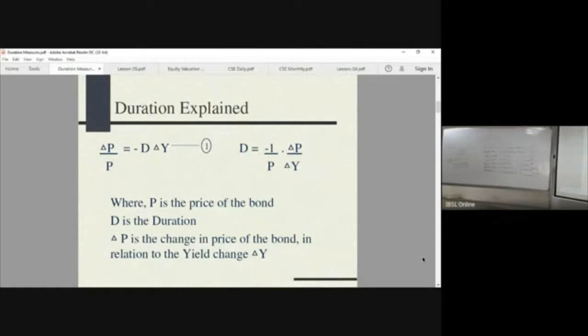Delta Y is the change in yield. Delta P is the change in price. You can see on the left-hand side of this slide, which shows the value of D: D is equal to minus 1 over P into delta P by delta Y.